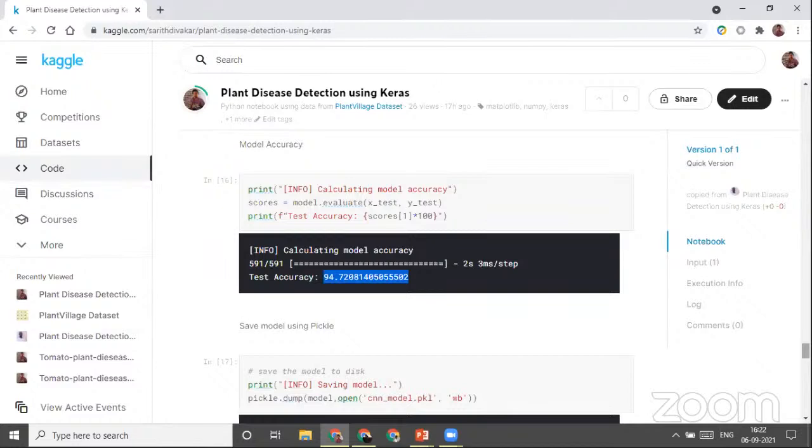So you can use IoT, you can use cloud computing techniques, and with this model deployed there, you can have a real plant disease prediction system, automatic detection of disease, or you can say early detection of disease. These models can be extended into a time series model also, if you want to find the disease in early stages, which is much more complicated.